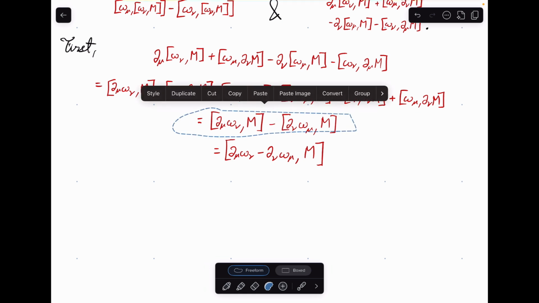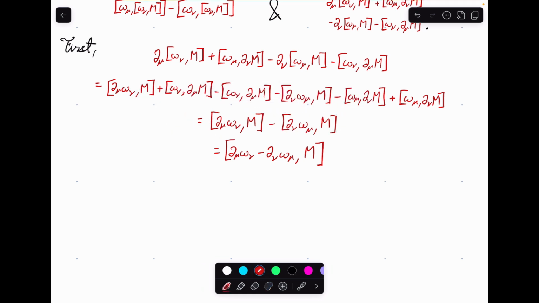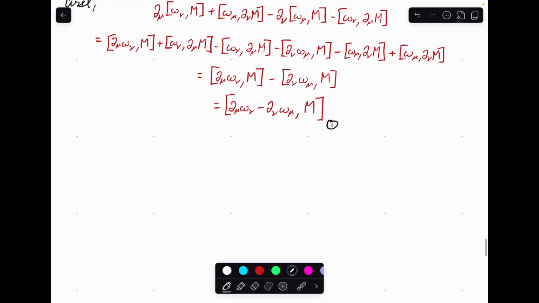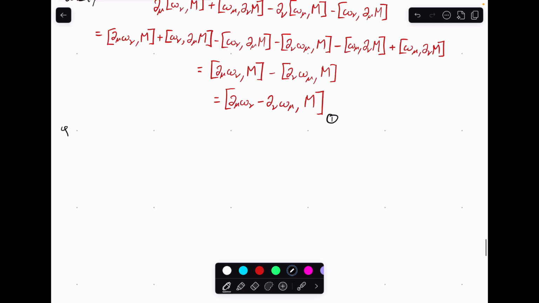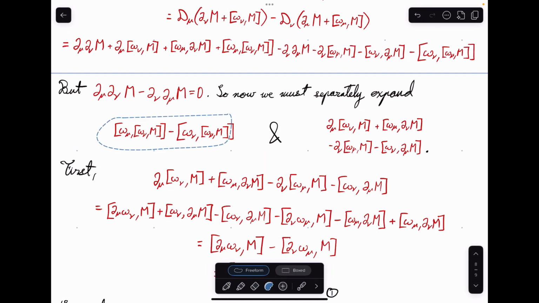Let me put this there. Okay. So this is the first thing we needed to expand. And now we're going to do the second one. So second, we're going to expand this term.